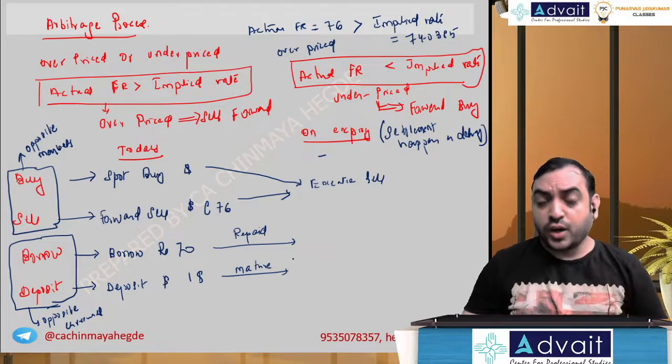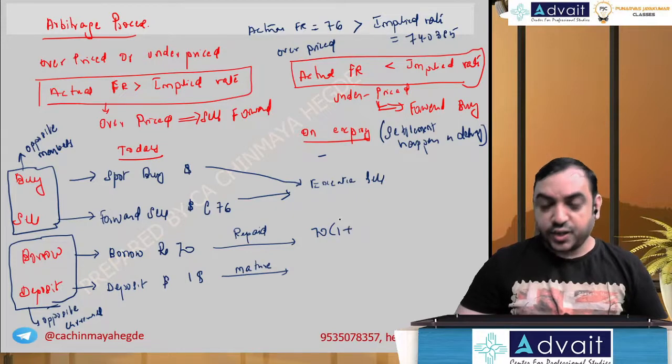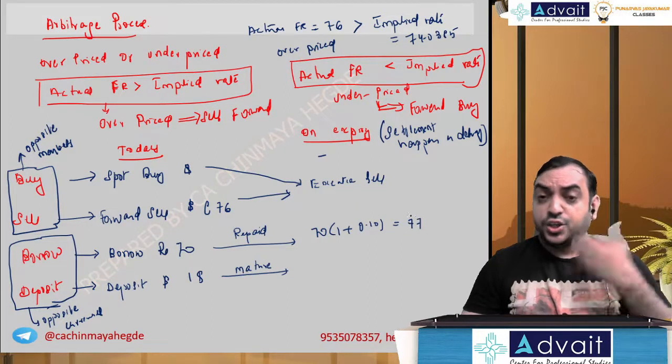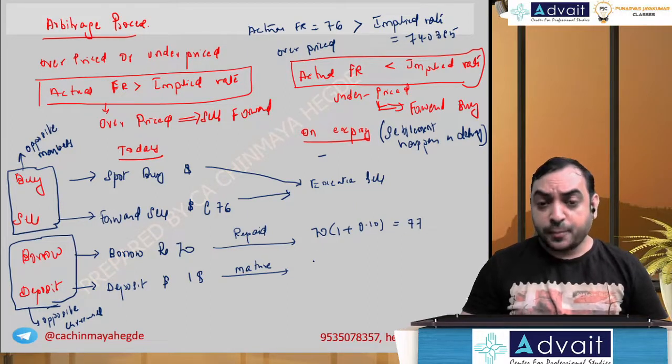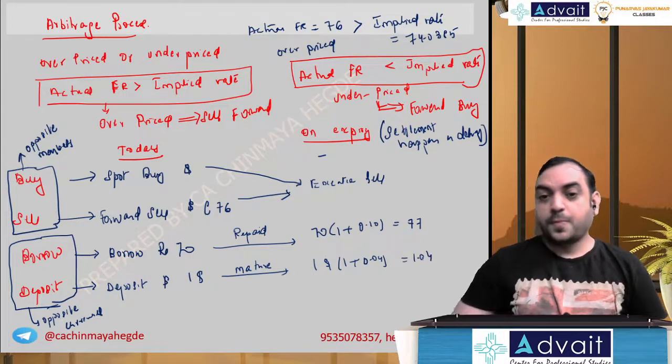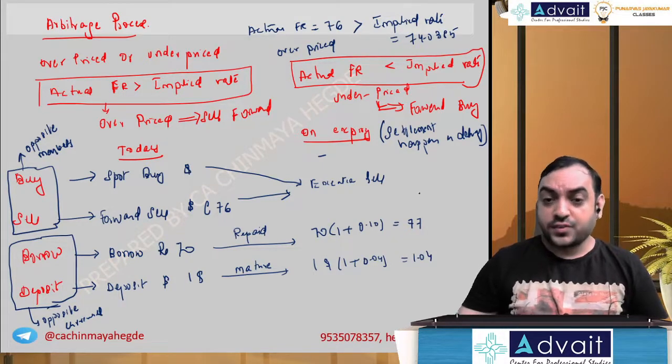At what rate do you have to repay? 70 rupees into 1 plus the rate of interest, 10% in India. So 1 plus 0.10, so 77 you have to repay. And the deposit will mature: $1 into the deposit will give you 4% interest rate, 0.04, that is $1.04.